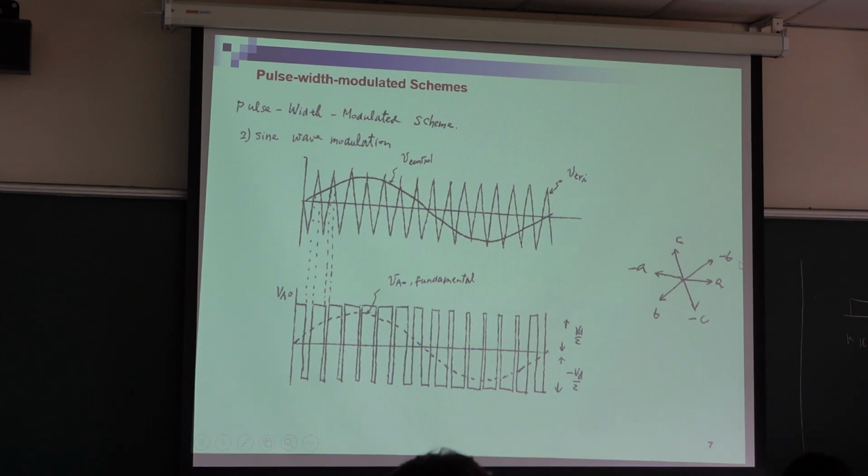And now we want to push the waveform to become higher frequency. So we need a higher frequency. So why do we need high frequency? So how can we create high frequency?